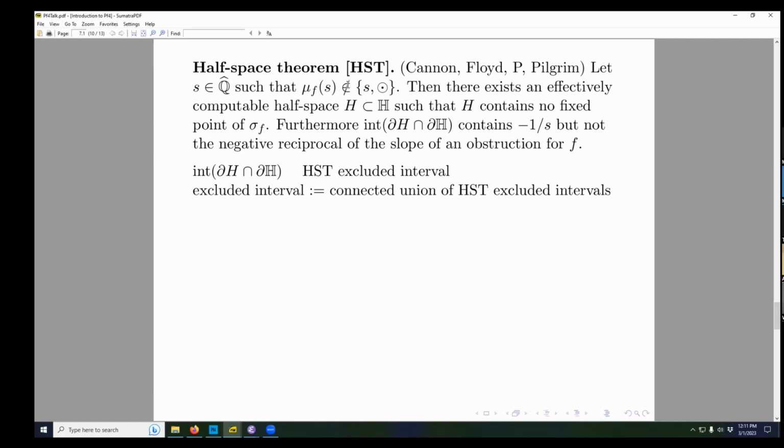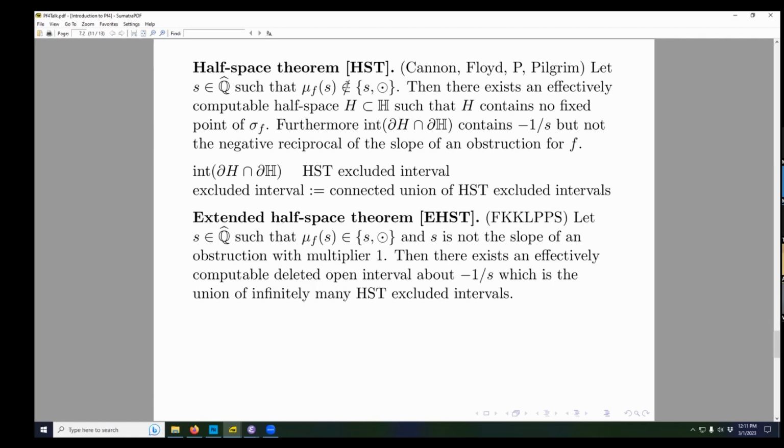To deal with this, we have the extended half-space theorem. The extended half-space theorem appears in the Fickle-Phipps paper, where F stands for Floyd, and Kelsey, Cook, Lodge, Parry, Pilgrim, and Sands.